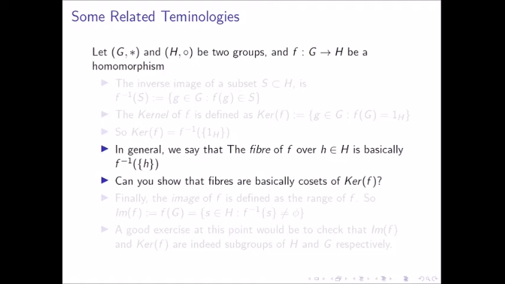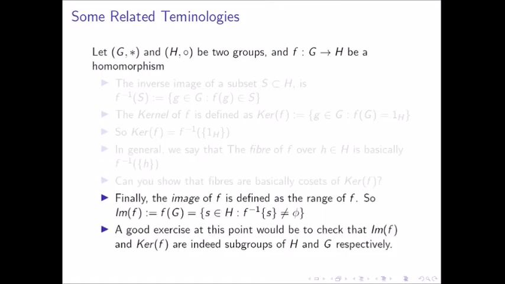Now, can you show that the fibers are basically cosets of kernel f? This isn't hard to see as such, but would require some work. Again, try it out. Finally, the image of f is defined as the range of f. So f is a function first of all because it's a homomorphism.